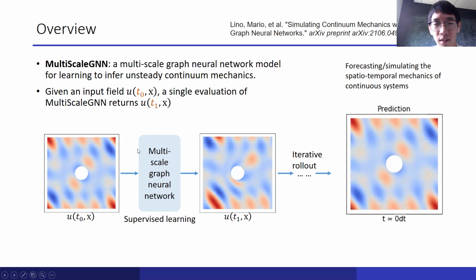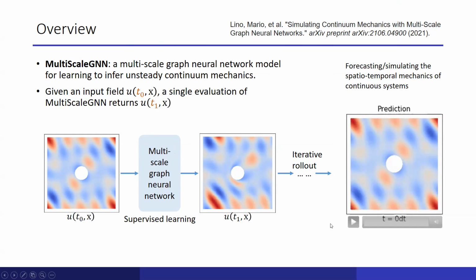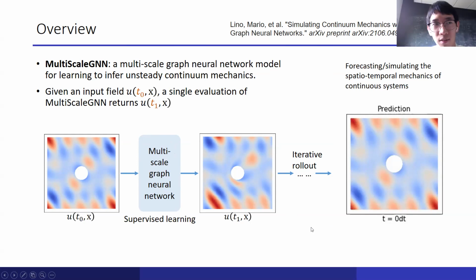Then they evaluate the network by using this output as input to predict the next time step. So it's a bit different from a recurrent neural network. Okay, so it's after the training. Yeah.